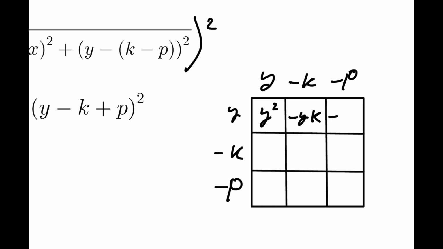Y times negative p gives me negative yp. Y times negative k gives me another negative yk. Negative k times negative k gives me positive k squared. Negative p times negative k gives me positive kp. And we just keep multiplying. Y times negative p is negative yp. K times negative p is negative kp. And then negative p times negative p is p squared.